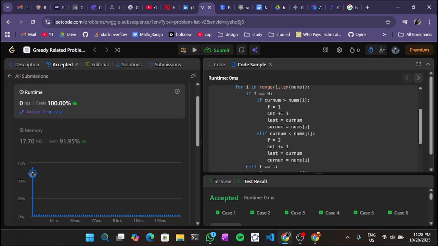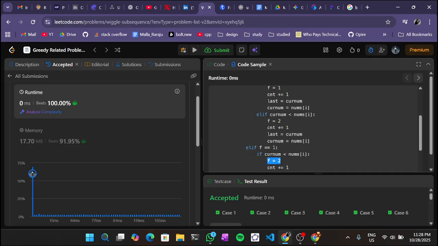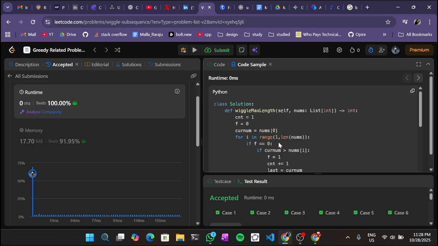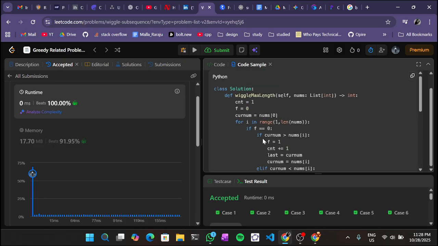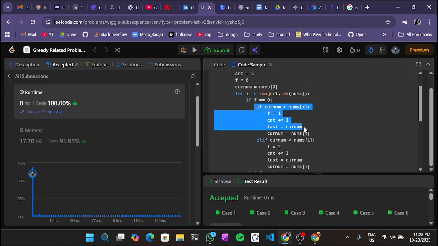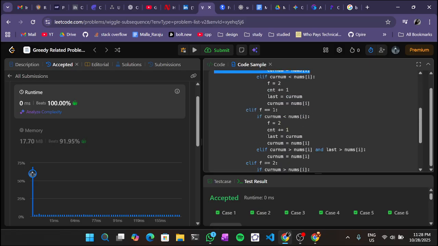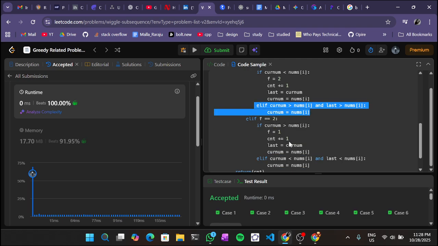Initially there can be two cases. One, the first value is greater, I mean, the first difference is positive or the first difference is negative. If the first difference is positive and the second difference is negative, okay, but if it is different, then we are not incrementing the count.